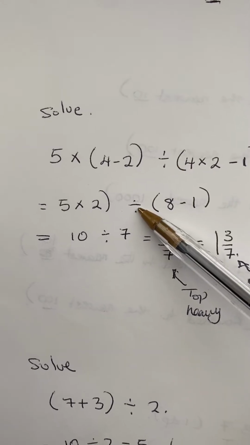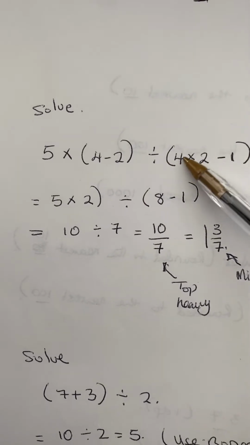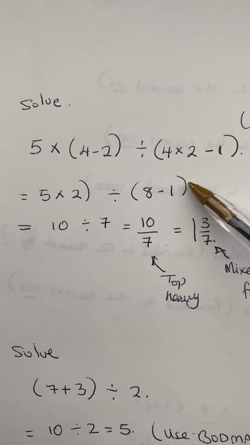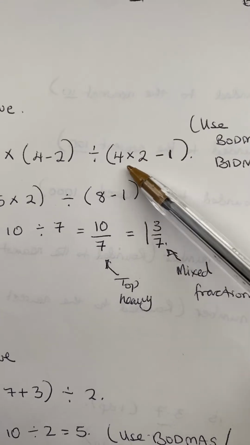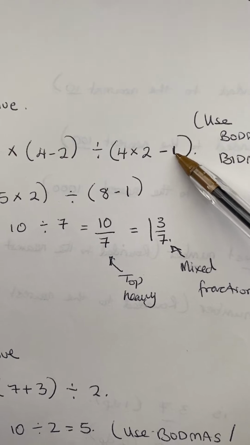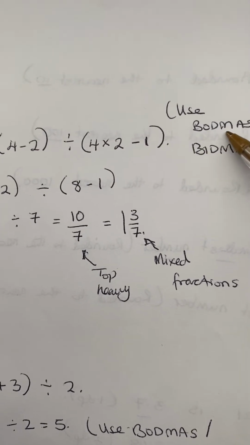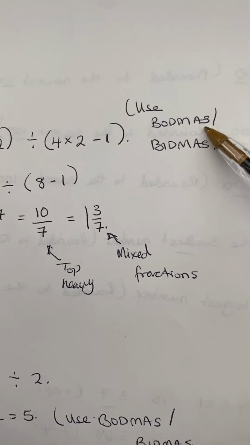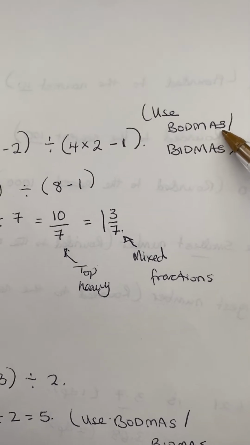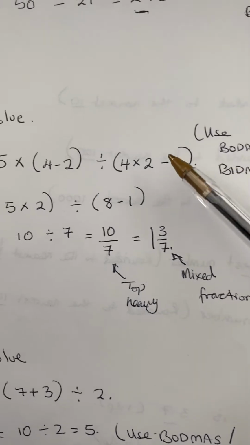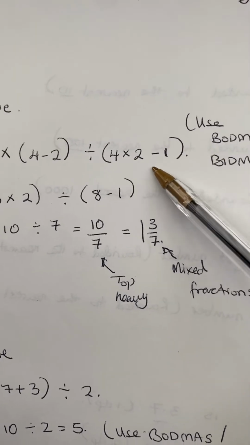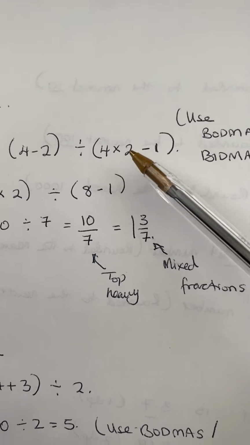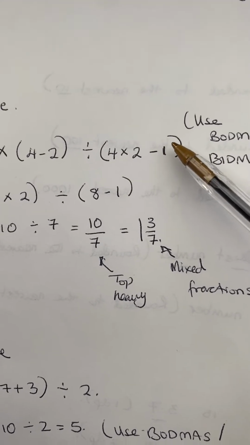Then you bring your division sign. But there's another bracket here which you should solve before you look at the whole thing. Let's look at here: 4 times 2 minus 1. By BODMAS, you should do the multiplication first before the subtraction. If you do the subtraction before the multiplication, you will get a different answer.